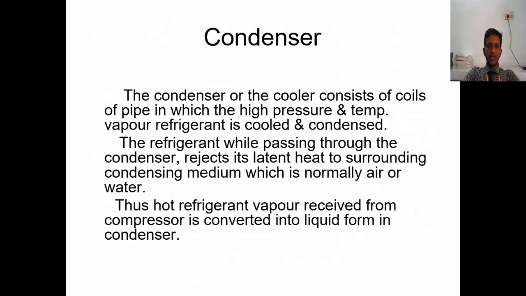The condenser or cooler consists of a coil or pipe in which the vapor refrigerant is cooled or condensed. While passing through the condenser, the refrigerant rejects its latent heat to the surroundings, and the hot refrigerant vapor received from the compressor is converted into liquid form.